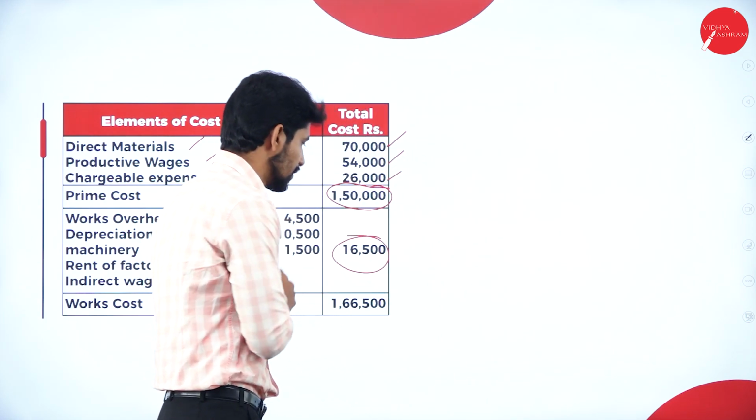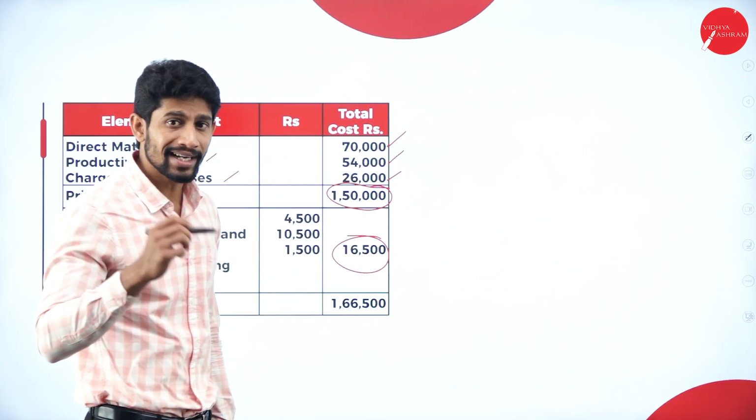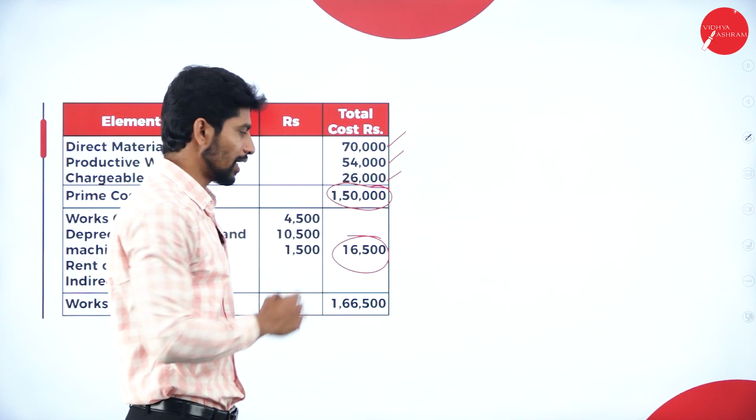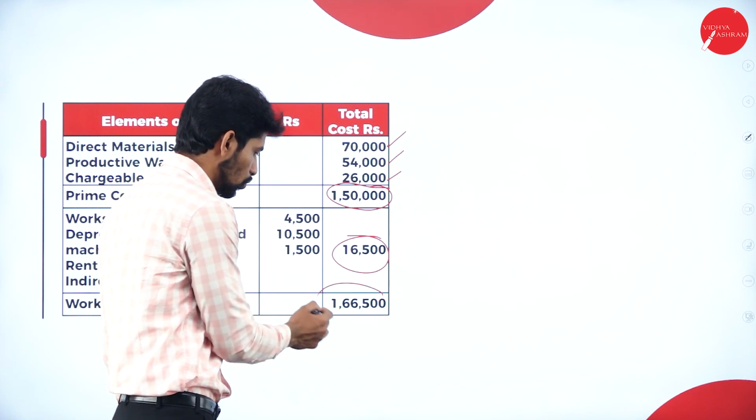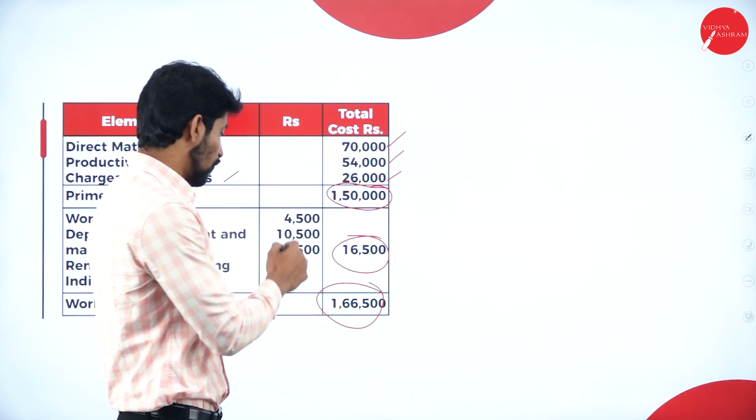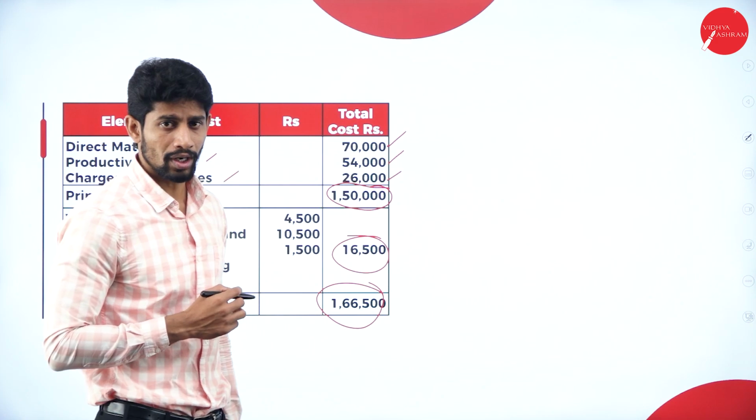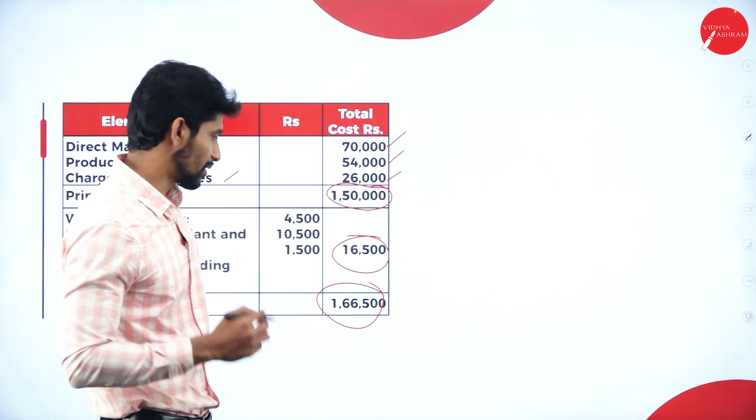Totally you get 16,500. Add 16,500 with 1,50,000. You get some total. This total is called works cost, or factory cost.